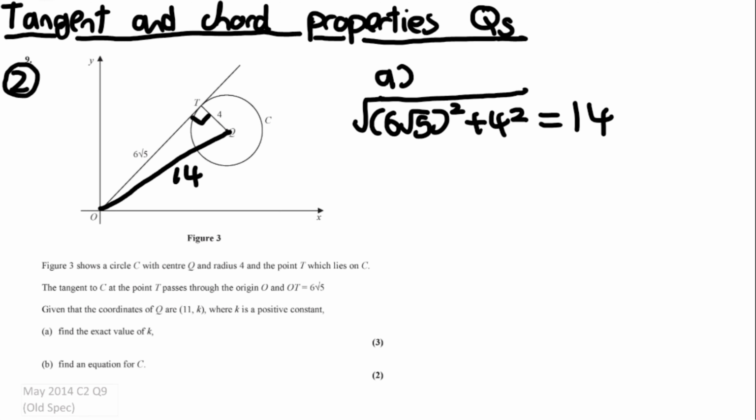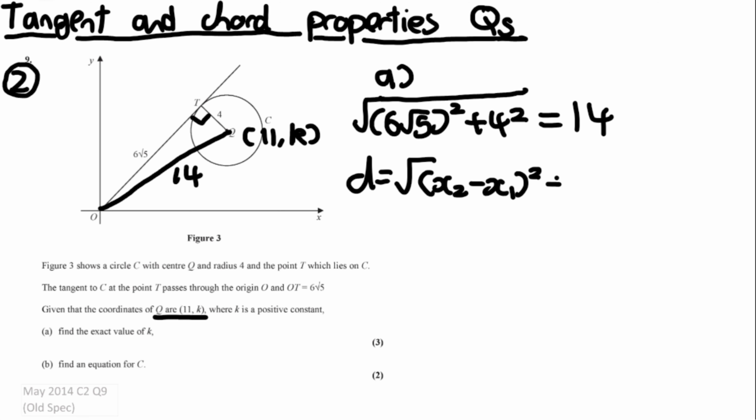But why is this useful to us? Well, because we know the coordinates of Q, which is 11, k, and obviously we know the coordinates of this point here because this is just 0, 0. So therefore you can set up a distance equation. Remember, distance between 2 points is the square root of x2 minus x1 squared plus y2 minus y1 squared.